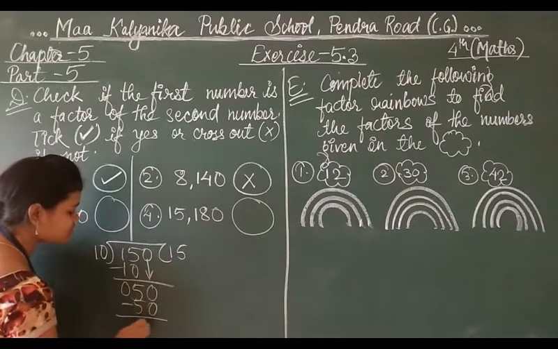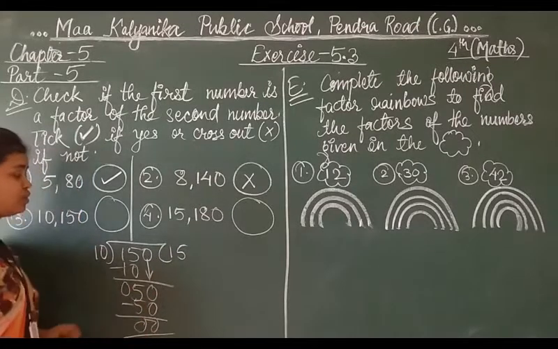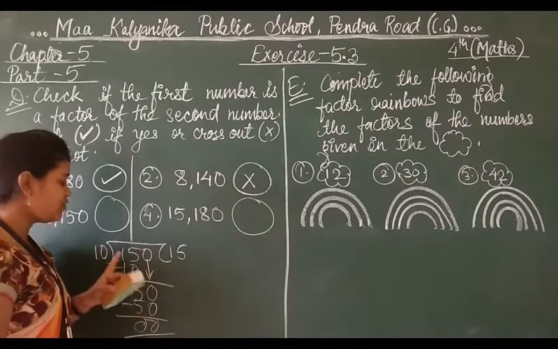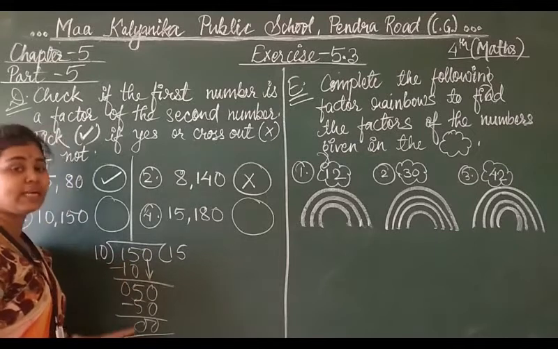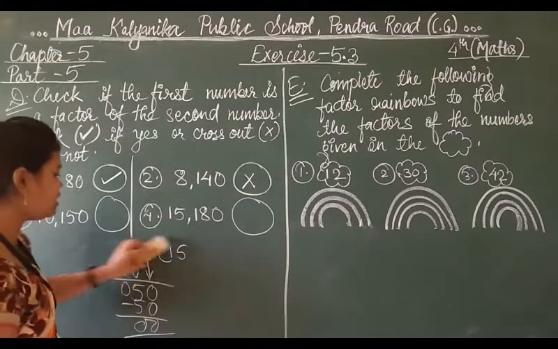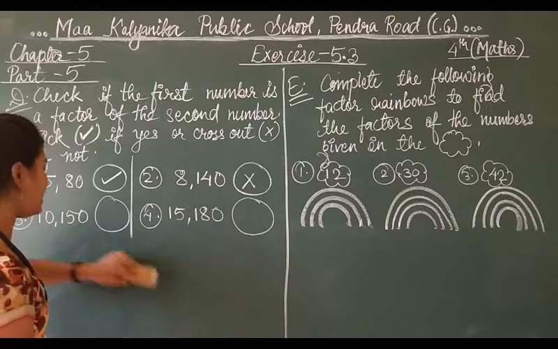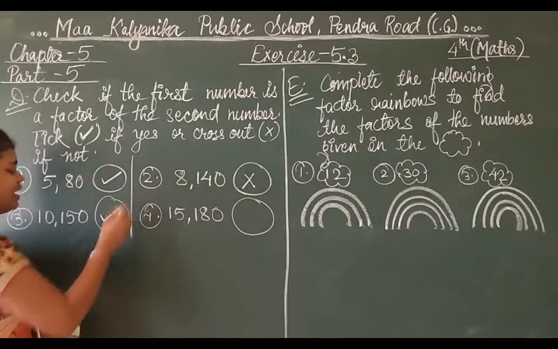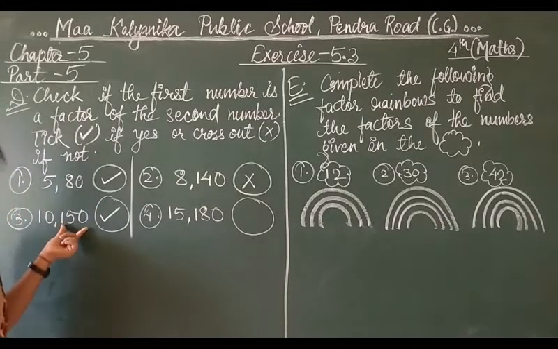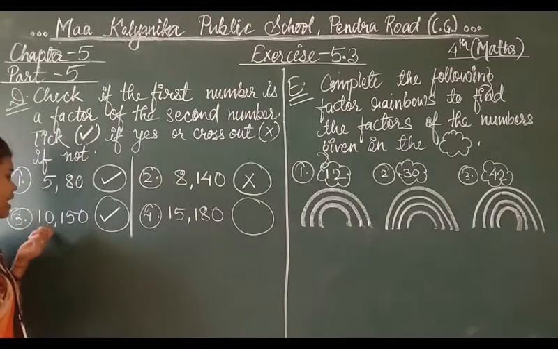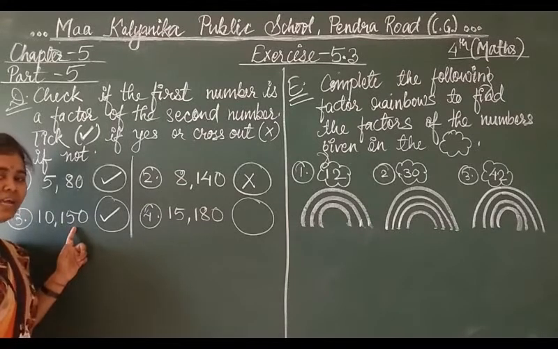So 50 minus 50 is 0. So 10 15s are 150, getting the remainder 0. As the remainder is 0, as I told you, it is a factor, which means 150 is exactly divided by 10, leaving the remainder 0. Okay, so 10 is a factor of 150.